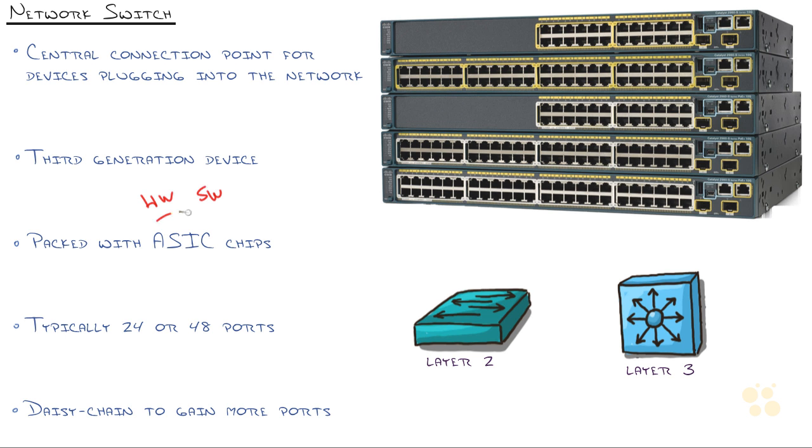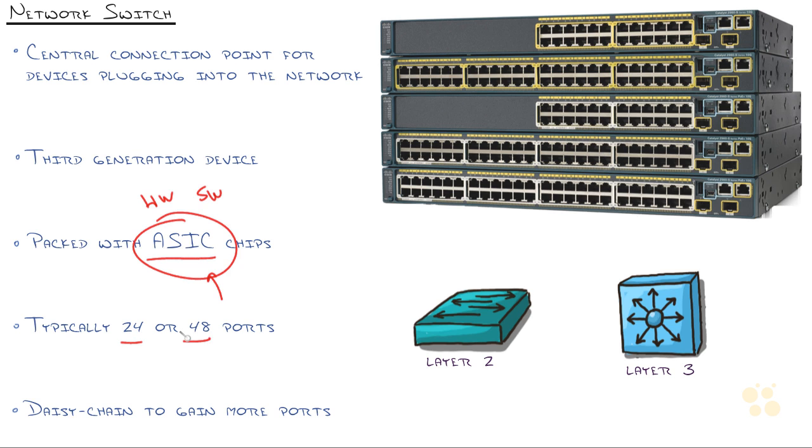Well, when you go with ASICs, now you've got hardware built into the device that the only way you're really upgrading it is to change out the device itself. So switches that are ASIC powered might not have as many features. And by the way, they have a lot nowadays. The ASICs have come a long way, and they've got a lot of functionality that are ASIC based, but they may not have as many features as a software based device. And I'm going somewhere with this. I'll tell you that in just a moment.